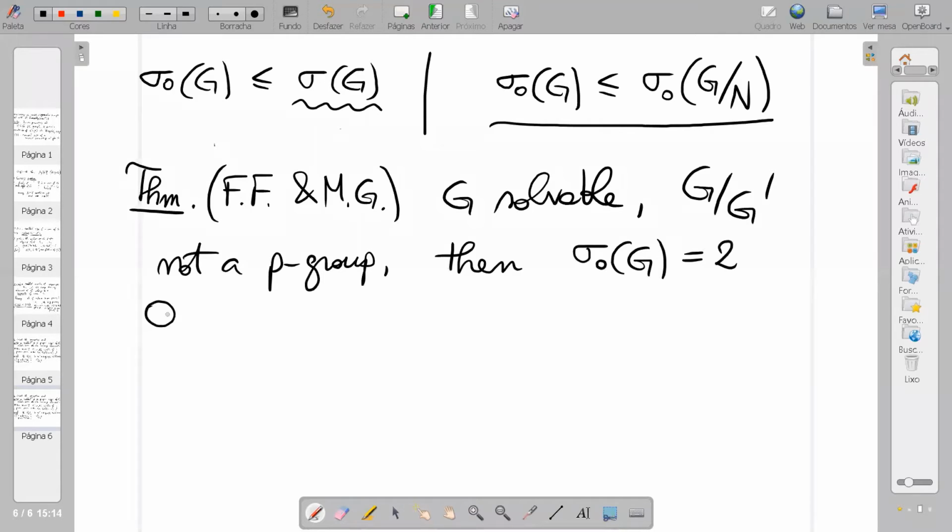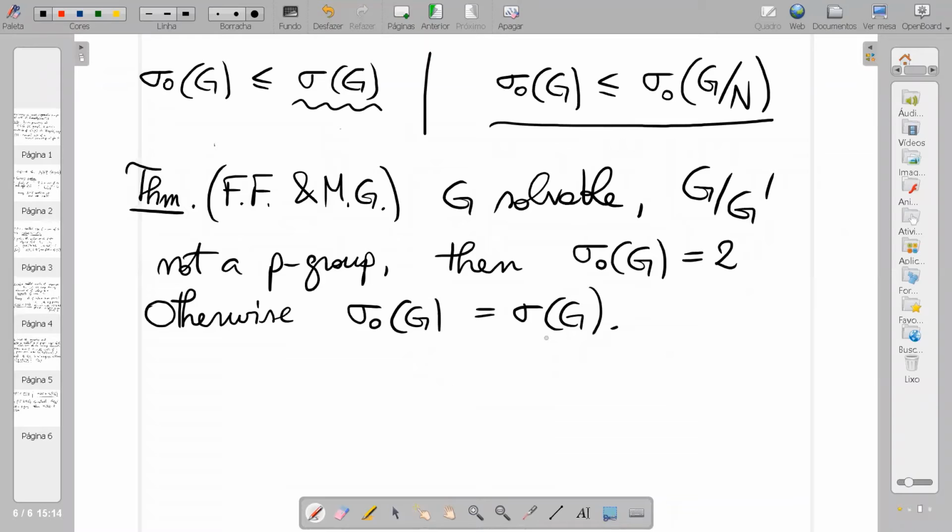Otherwise, and this I already showed you, sigma 0 of G is equal to sigma of G. Essentially, if G modulo G prime is not a P group, then we have this for the reason that I told you. You choose two subgroups containing G prime that have coprime indices, and you see that there is a connection with this nu of G that I told you.